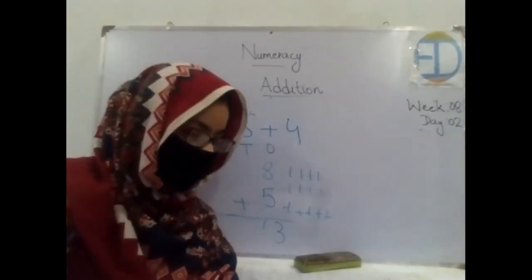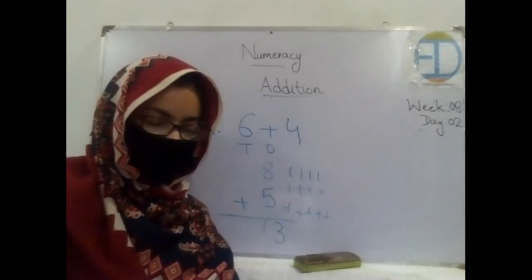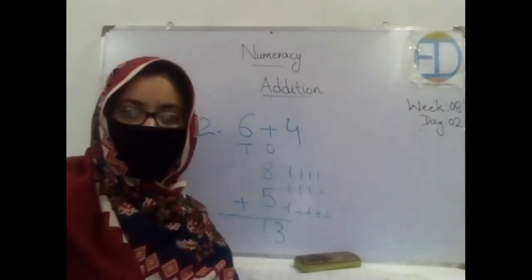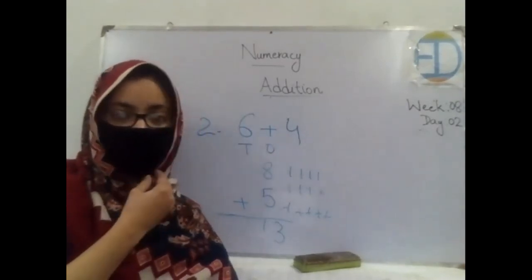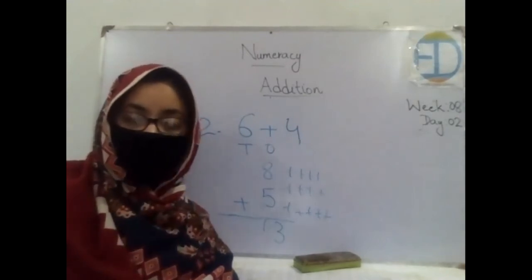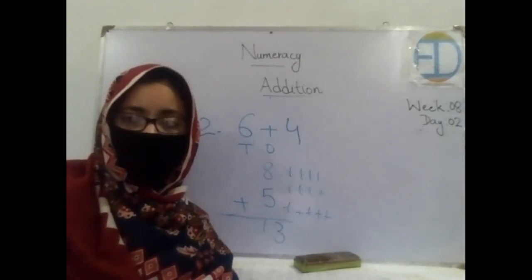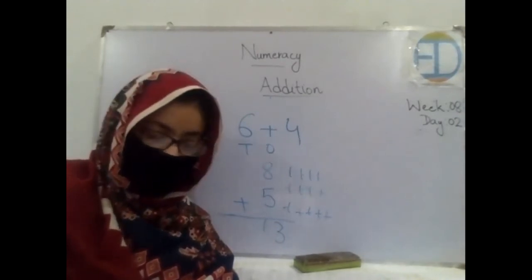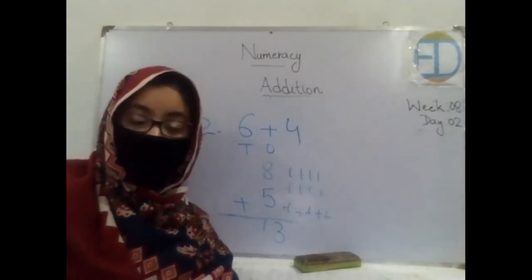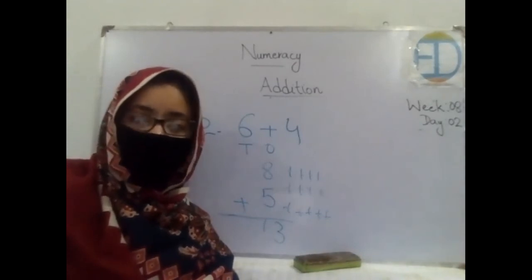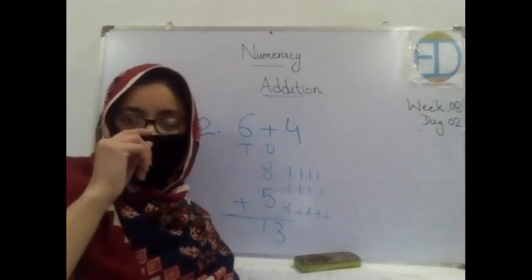Yes, tell me the answer of the next one, that is 6 plus 9. Yes, what was the first step you did, Ahmed? Write them in vertical order. Okay, then you write the placing values. Excellent. Then you draw the lines in front of it, and finally you add them together. And what's your answer?